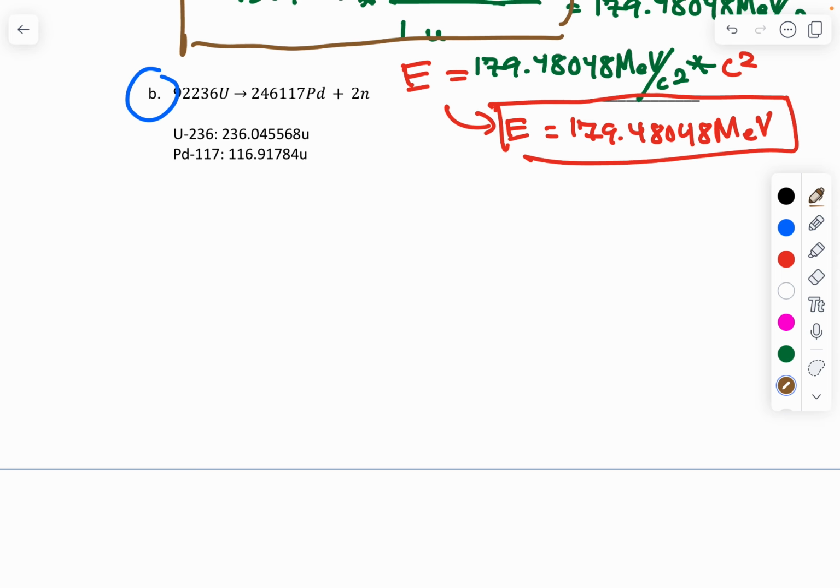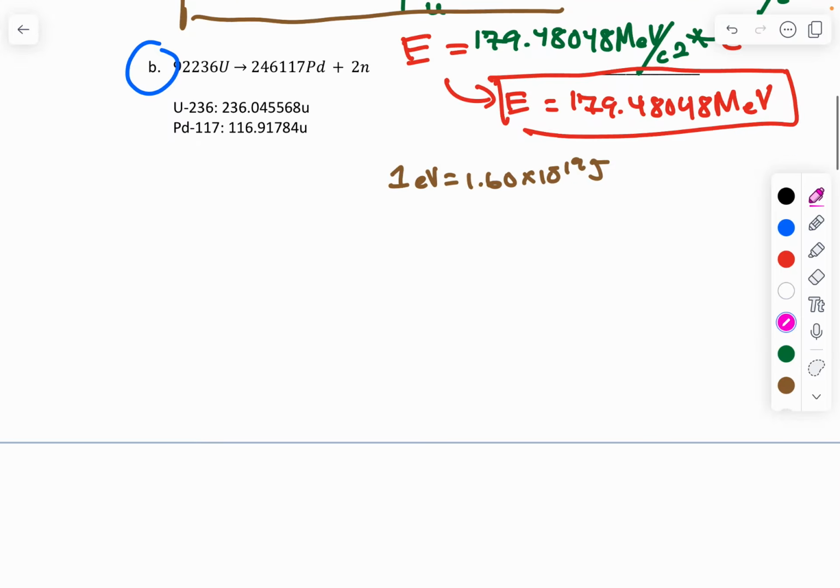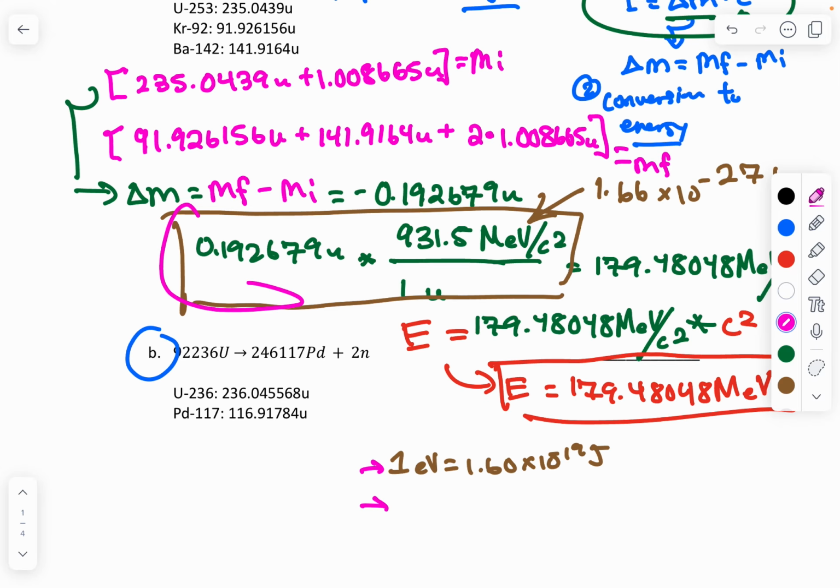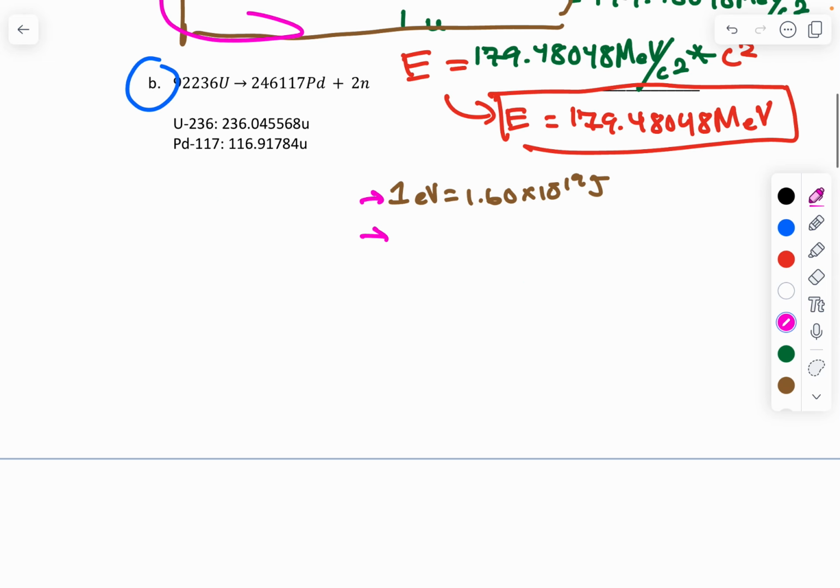Because the energy is in mega electron volts, you should know that 1 eV is equal to 1.60 times 10 to the negative 19 joules. So I can just convert between energies instead. This is a bit of a cheat code, but you should use the other method. I'll show you this one in case you want it.